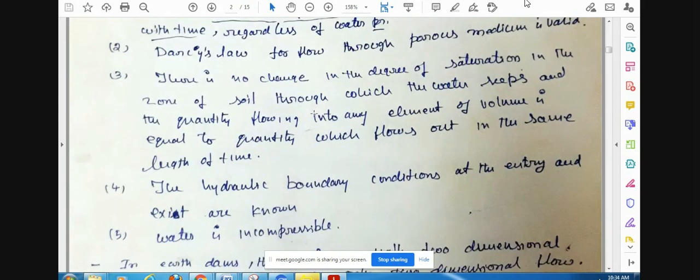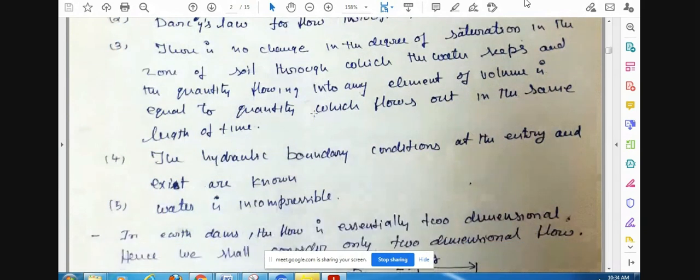The fourth point: the hydraulic boundary conditions at the entry and the exit are known. What does that mean? While you are analyzing, you should know the boundary conditions. Boundary conditions means that, say, we have a structure, a dam with a trapezoidal section.